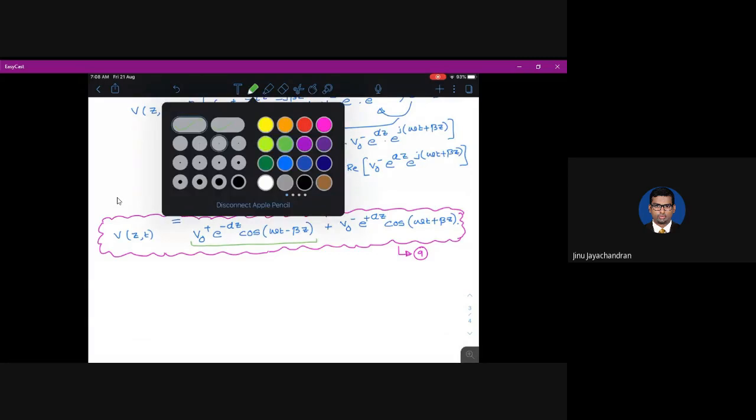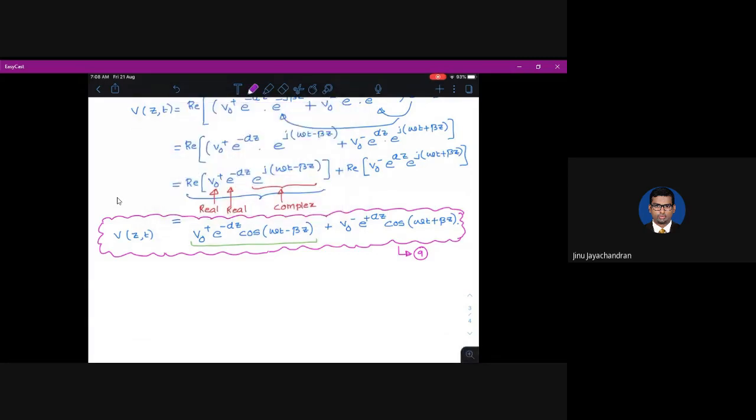So I'm going to analyze v0 plus e raised to minus alpha z cos of omega t minus beta z. So what we are going to do? We are going to visualize how this waveform looks like.